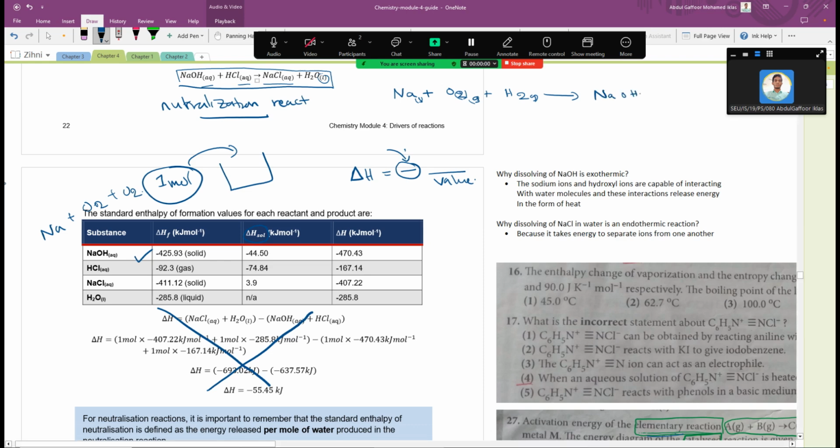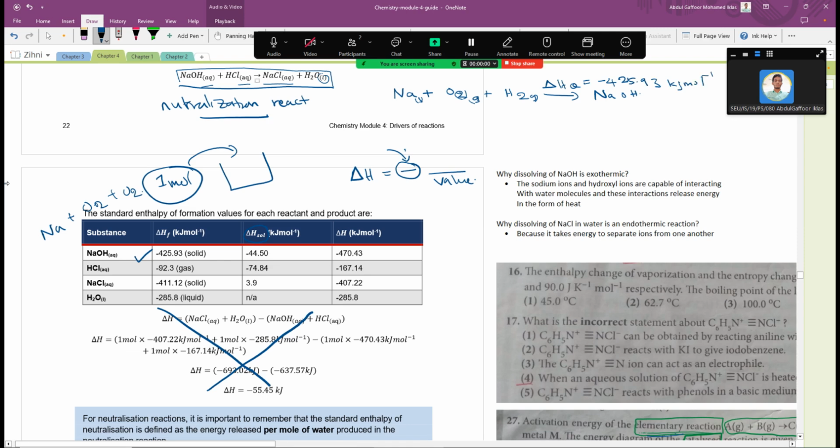During this process, delta H theta is equal to minus 425.93 kilojoule per mole.